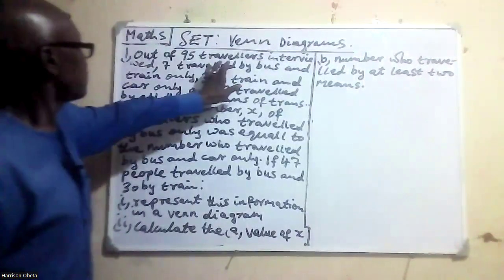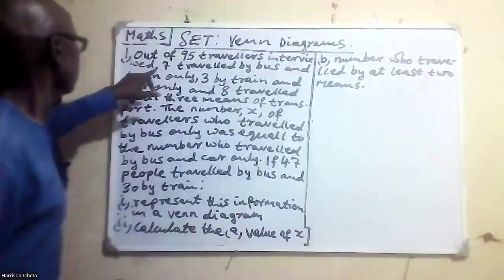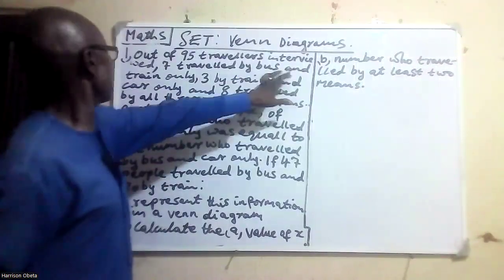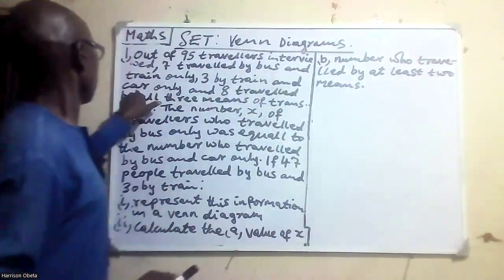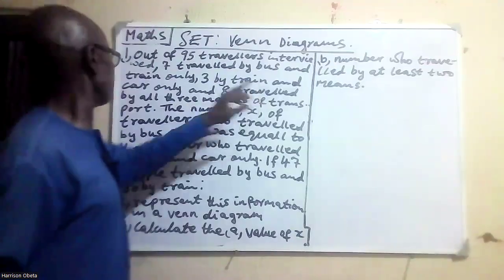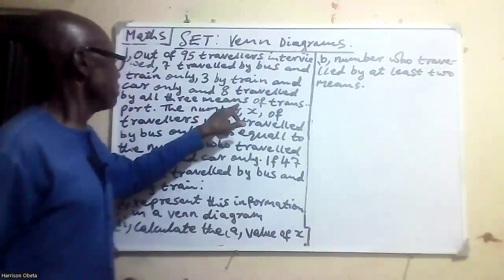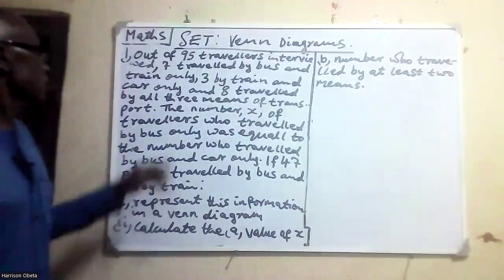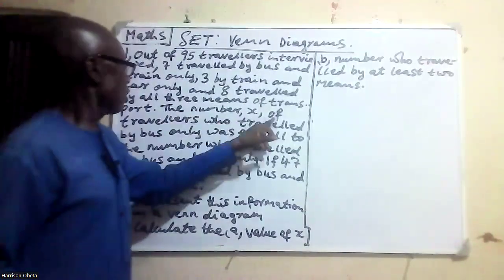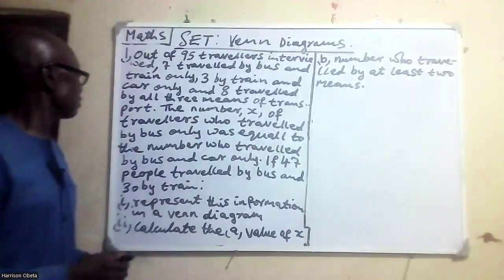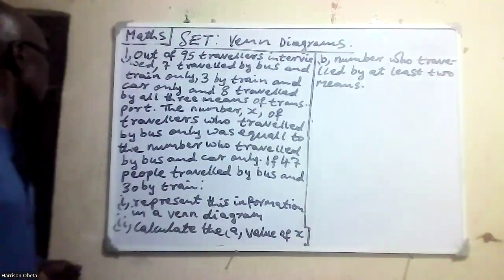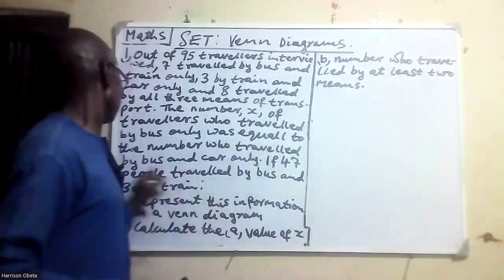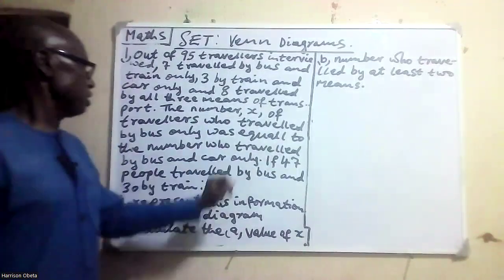Out of 95 travelers interviewed, 7 traveled by bus and train only, 3 by train and car only, and 8 traveled by all the 3 means of transport. The number X of travelers who traveled by bus only was equal to the number who traveled by bus and car only.